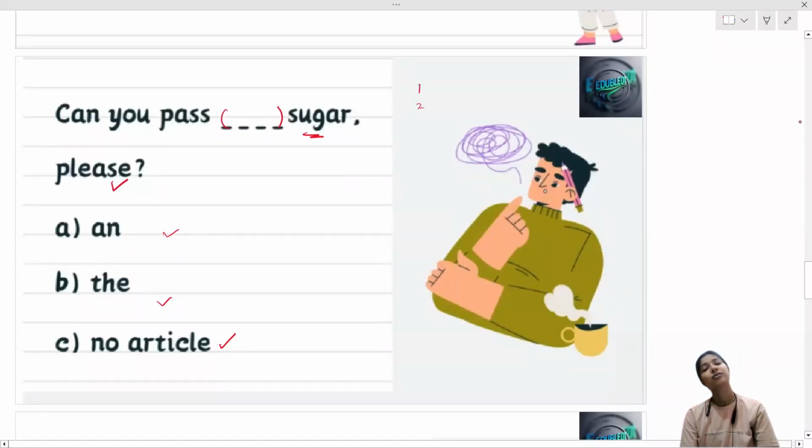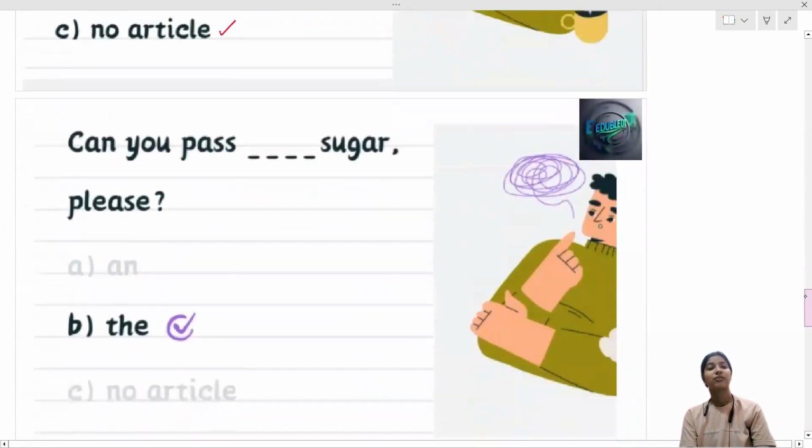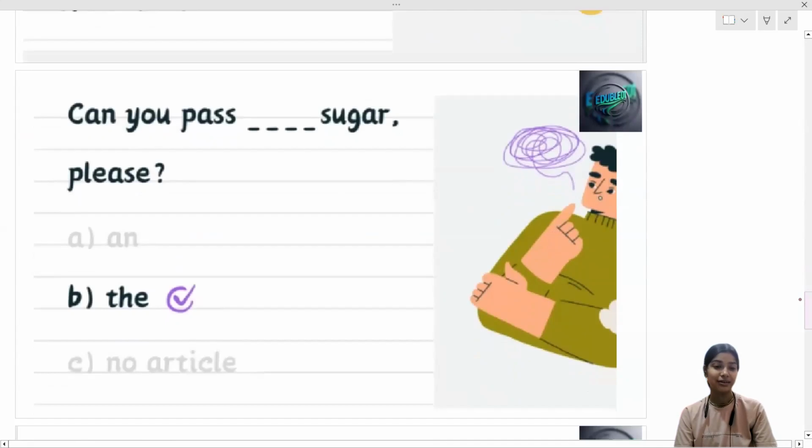One, two, three, four, five. If you're done with your answer, please let me know in the comment section before I tell you the answer. Okay, so here we are going to use the.